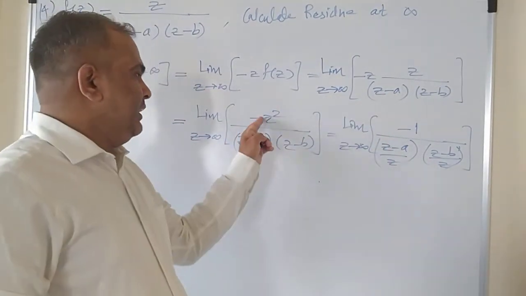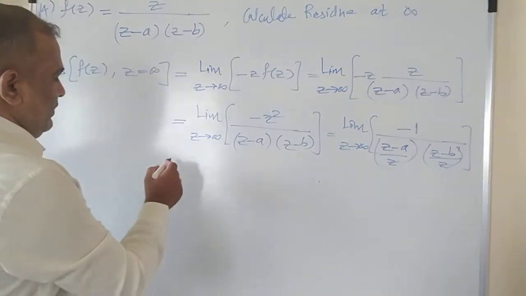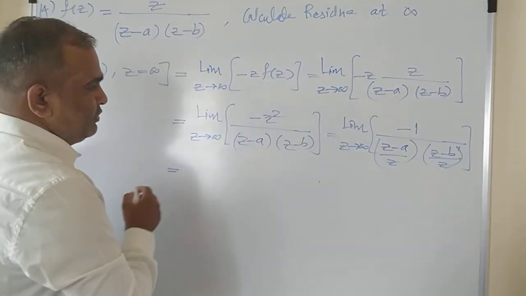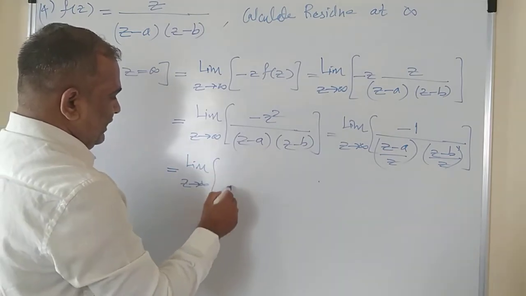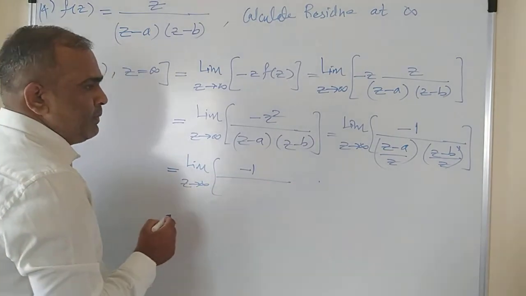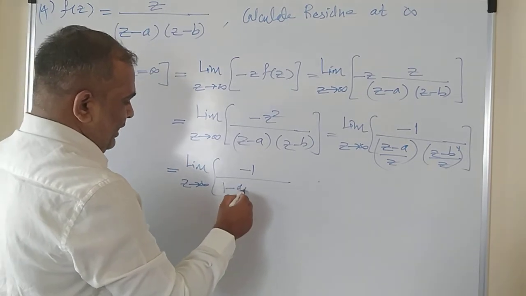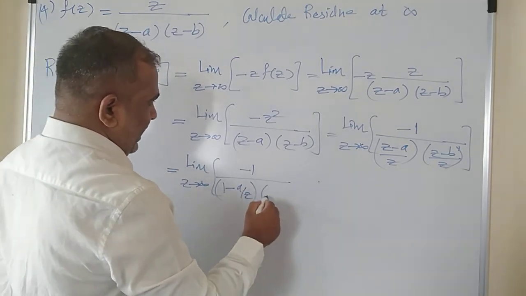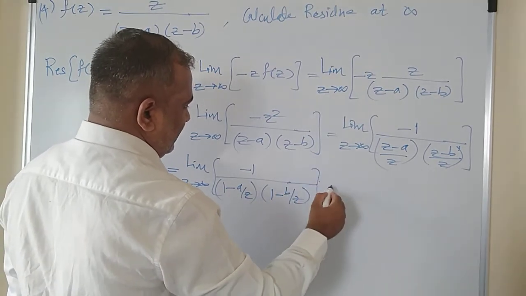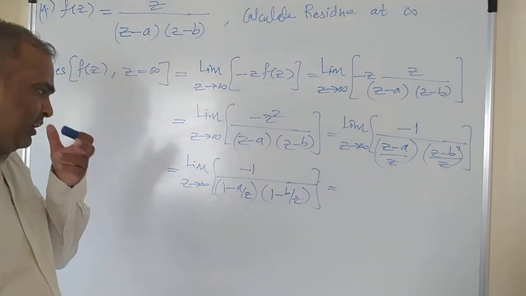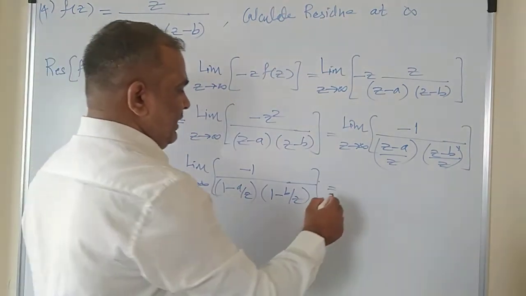If it goes to the numerator it will become again minus times z square, right? So this equals limit z tends to infinity of minus times 1 upon (1 minus a by z) and (1 minus b by z). Now put the value of z equals infinity into it, that will be your answer.